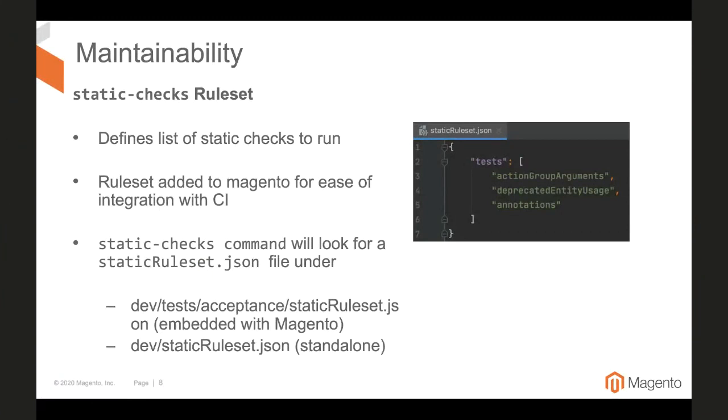If you're looking at embedded Magento, it would be present under dev test acceptance static checks rule set, and if you're looking at standalone, it will be under the dev folder. So this would help us easily turn on and off certain static checks on our CI/CD platform. So yeah, that's about it.